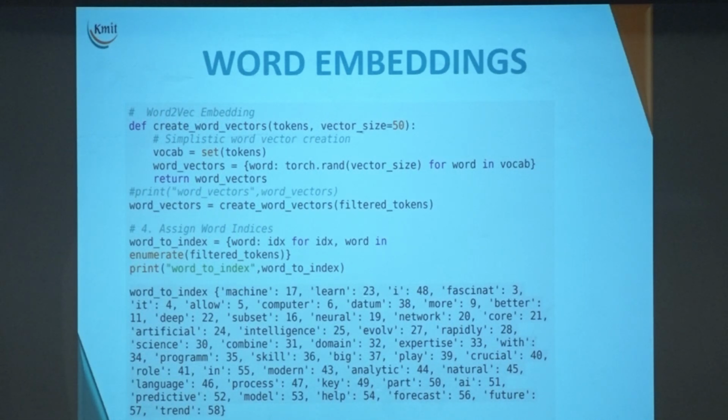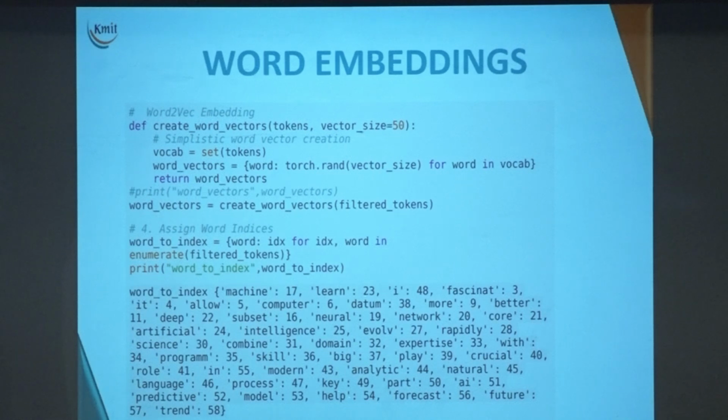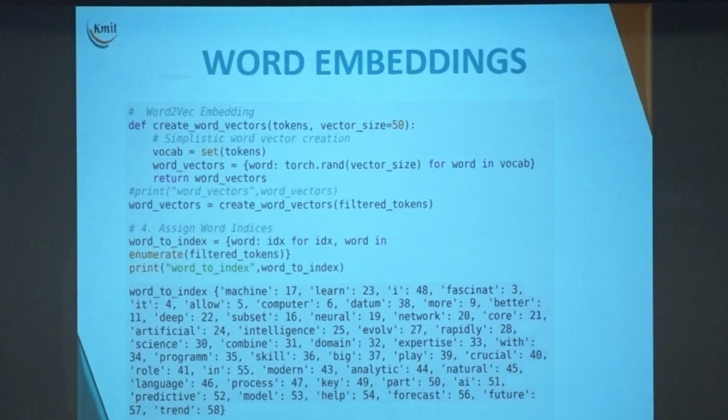And then what are you going to do? You are going to assign a vector to each word, to convert that word to a vector. I told you there are two ways, do you remember?